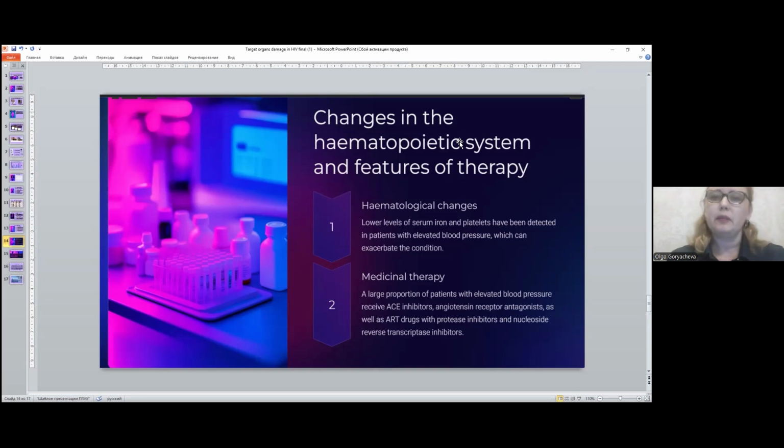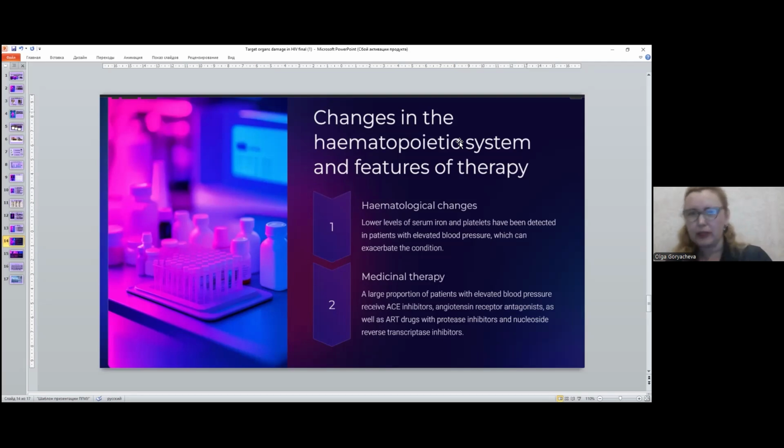colleagues, regarding medical therapy, what I revealed is that a large proportion of patients with elevated blood pressure receive angiotensin converting enzyme inhibitors, angiotensin receptor antagonists, as well as ART drugs with protease inhibitors and nucleoside reverse transcriptase inhibitors, the HIV special treatment drugs. And of course, it is possible to correlate these data, that this group of medications can be some trigger of arterial hypertension.